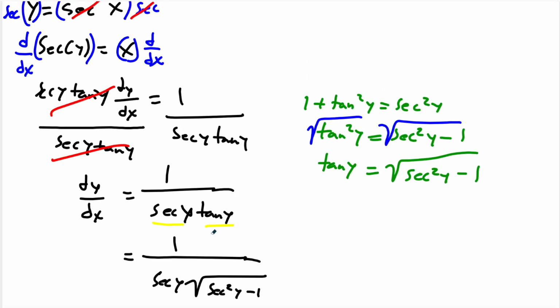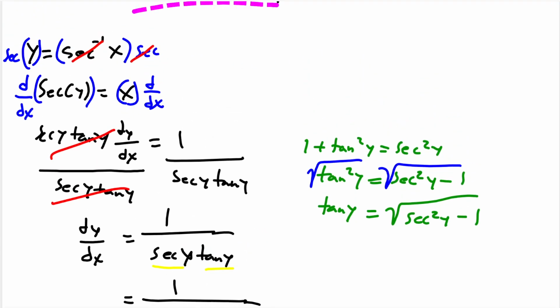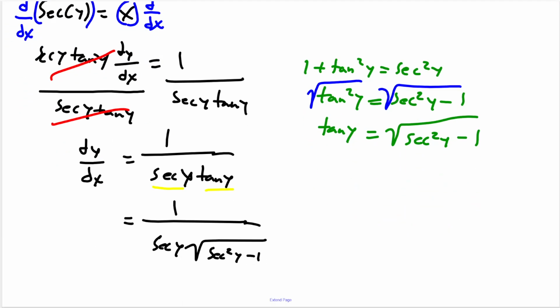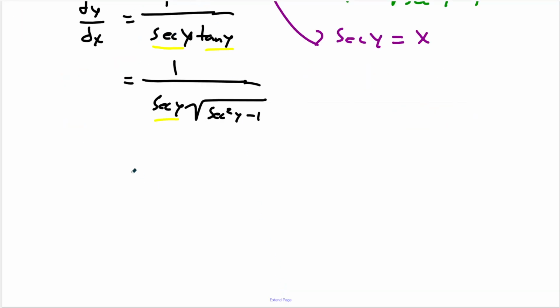So now, going back to this relationship here, secant of y equals x. I'm going to draw an arrow here, right? We have secant of y equals x. I see a secant of y here, so this should be 1 over x square root of secant squared of y minus 1.